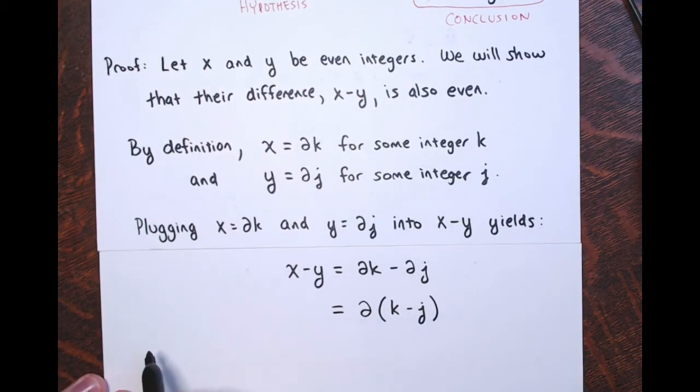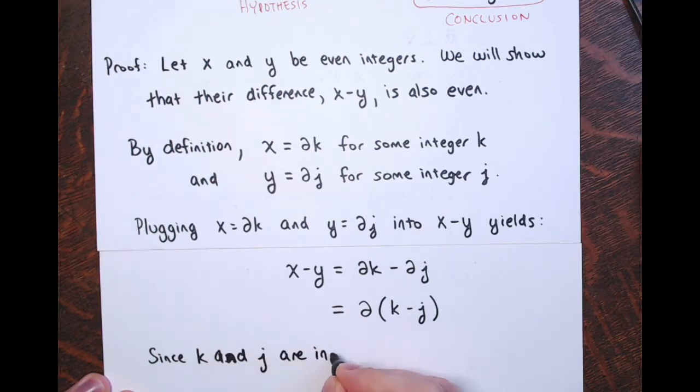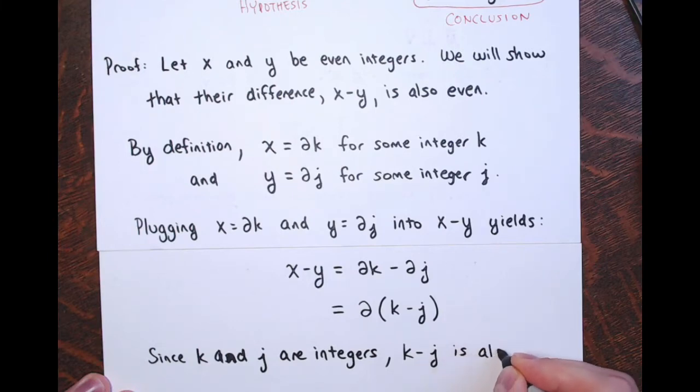So underneath this, I'm going to say, hey, since k and j are integers, k minus j is also an integer. And I can call it something.